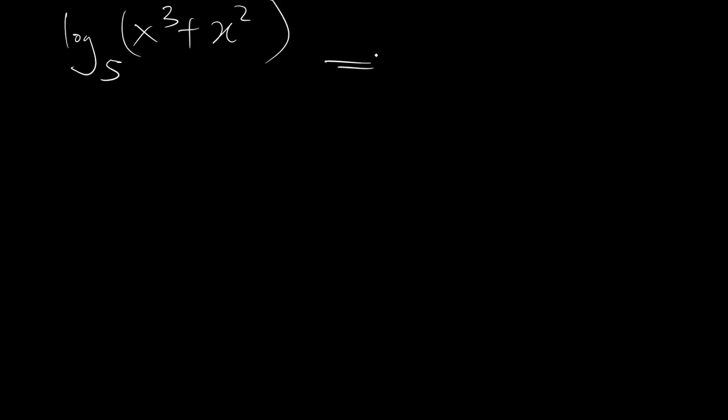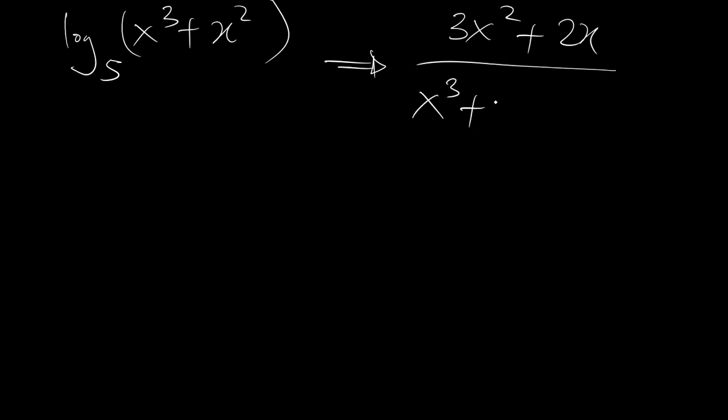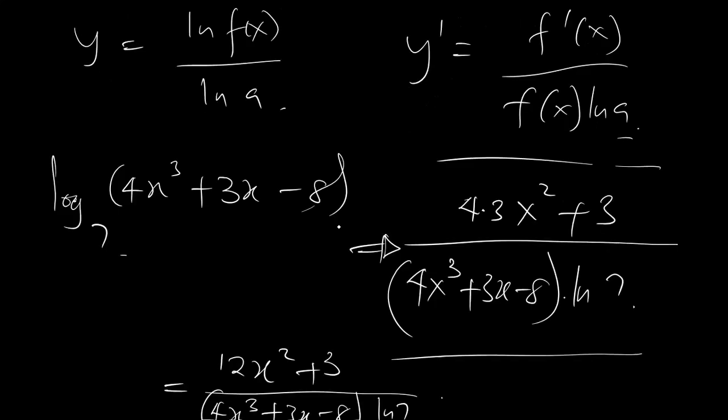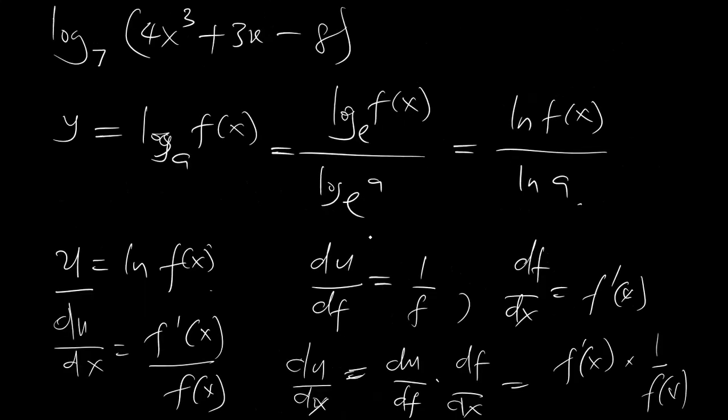Now the derivative of this will just be 3x squared plus 2x divided by x cubed plus x squared times ln 5. So that is the final answer. That is the derivative of this, because we're using this formula here.